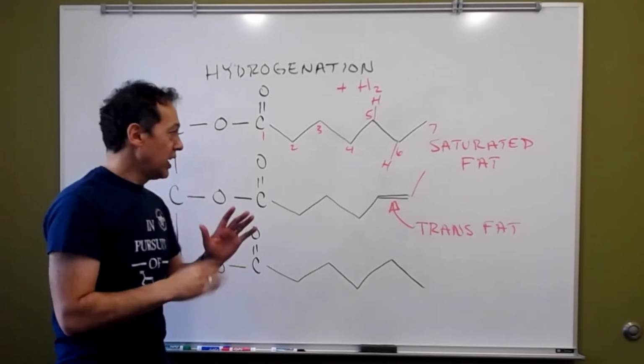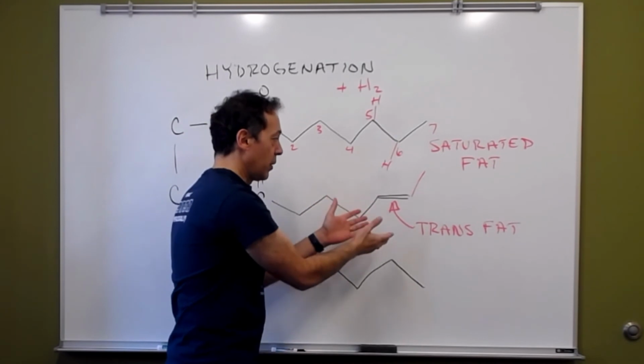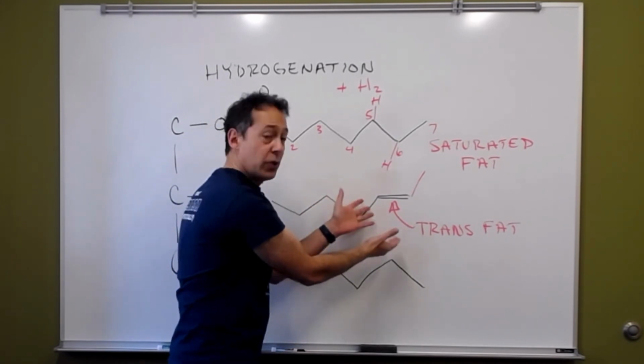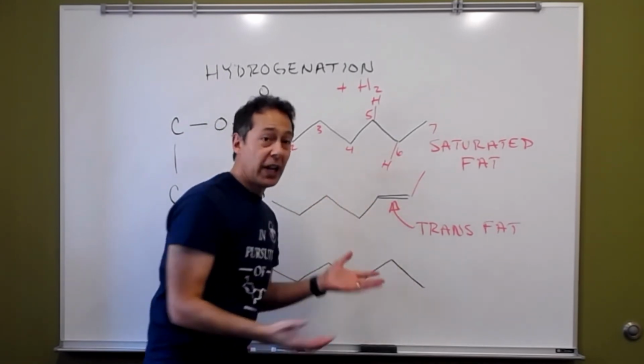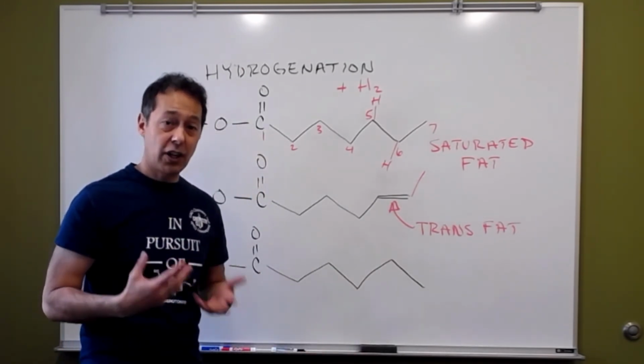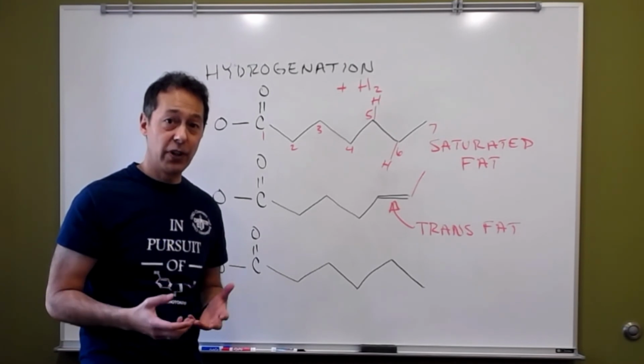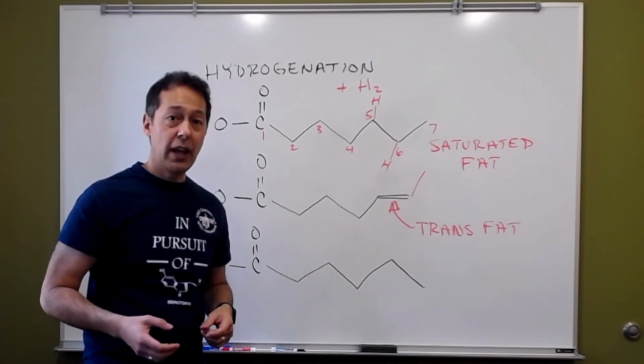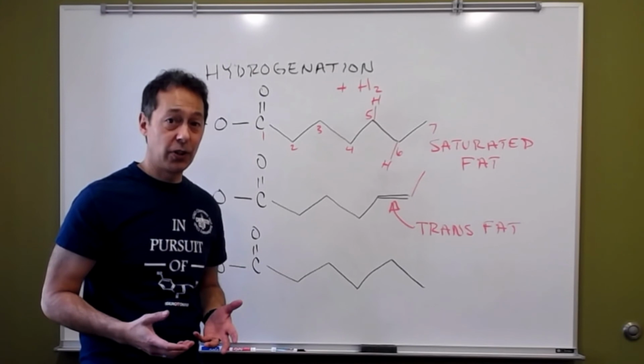And remember, nature likes the cis conformation. So what does your body do when you get a trans fat in it? Well, the body doesn't know what to do with it. And so it starts to collect, and it might collect in your cardiovascular system, like in the walls of your arteries, and lead to atherosclerosis and cardiovascular disease.